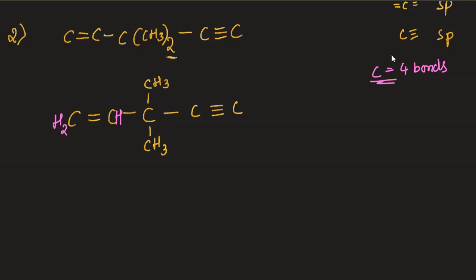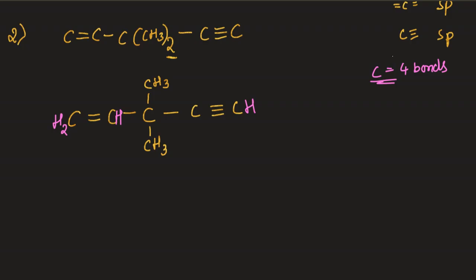This carbon is surrounded by four bonds, so no need to write any hydrogen. Above, below carbons already have hydrogen, so no need to write any. Next, the fourth carbon, you can see it is surrounded by four bonds, so no hydrogen. And the last carbon is surrounded by three bonds, one bond is missing, so I will write one hydrogen.